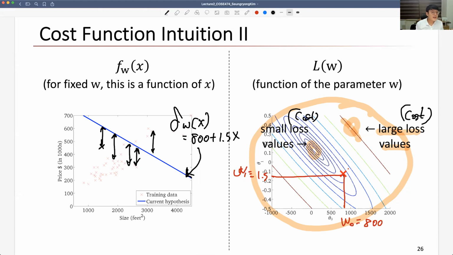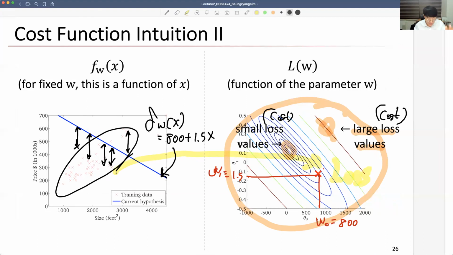If we aggregate every possible error among this training data set, we can compute the loss value here. Right. So our goal is to find the parameter W that makes this loss function minimum, right? You remember, right? So let's continue.